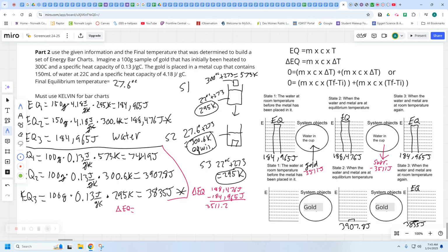And then in state 1, when the gold was as hot as it could be, it was up to about 7,000. So maybe 7,000 versus these two values down here, maybe I'll make it approximately double. It's not exactly that. 7,449 joules. This energy is stored as EQ.